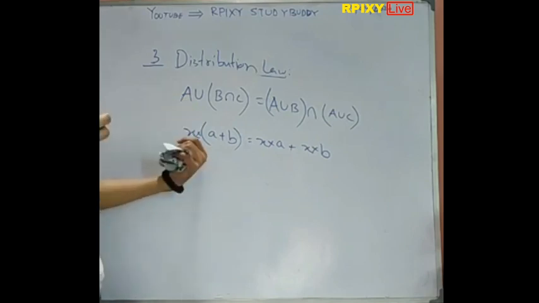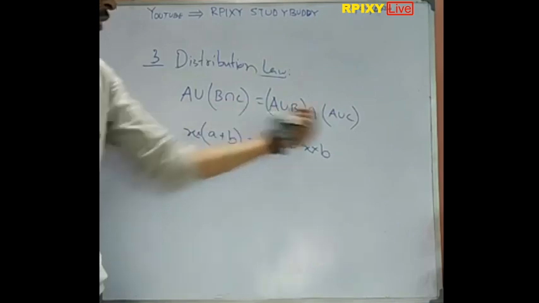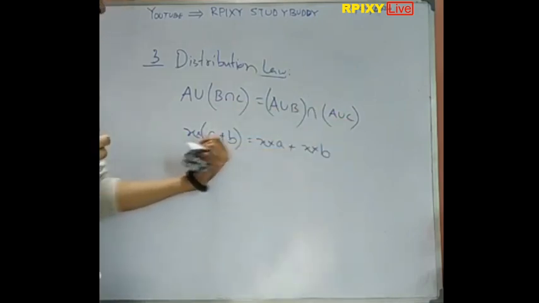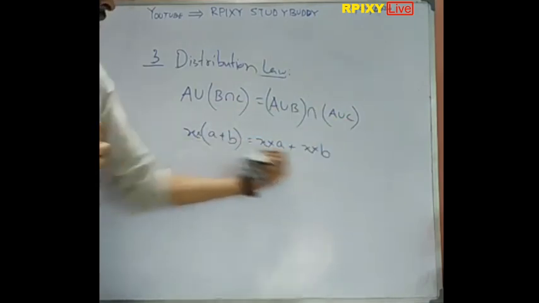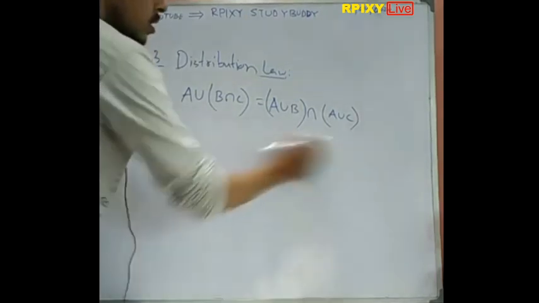Similarly, A union B intersection C equals A union B intersection A union C. This is the distributive law in set theory.